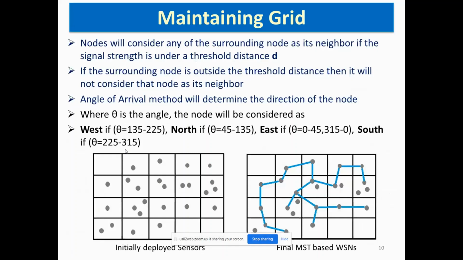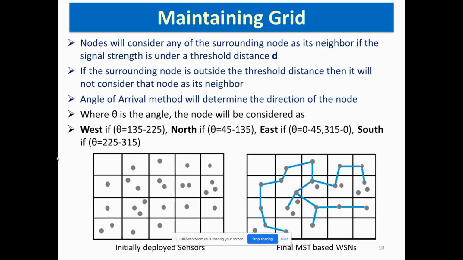So when we deploy nodes in a random manner, our target will be to use the RSSI, basically the received signal strength indicator, to understand the signal strength of its corresponding neighbor nodes.